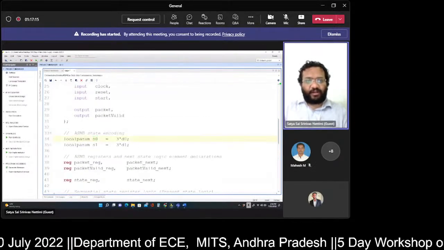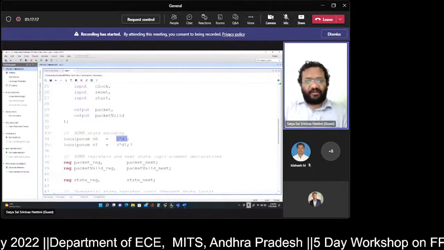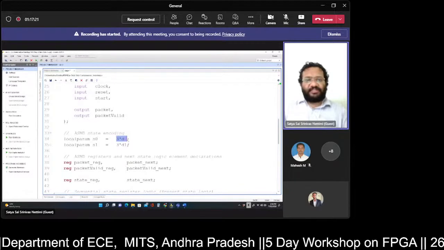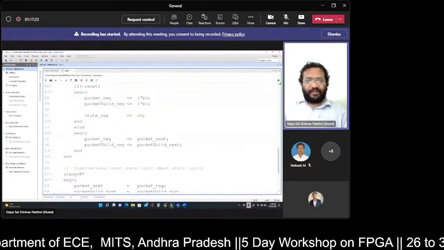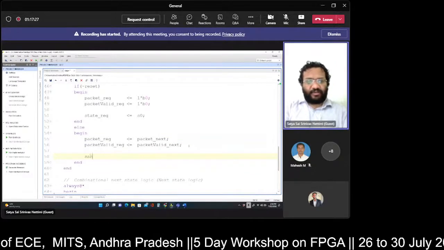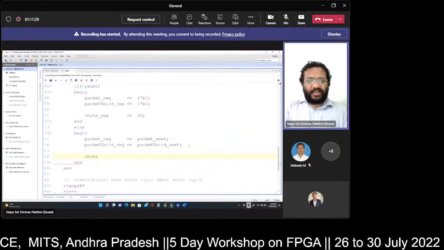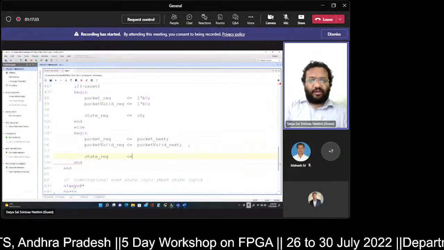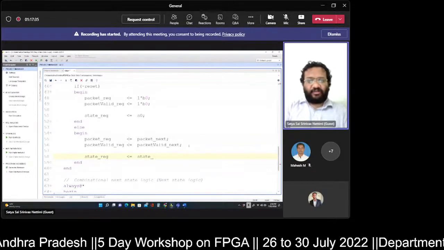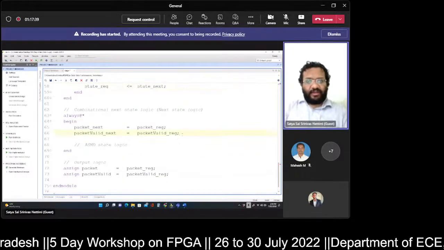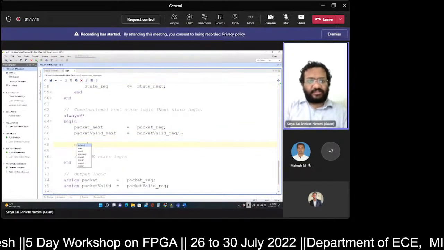S0 means the local parameter, it is by default 0 state represented with 3 binary bits 0, 0, 0. And next, when reset is not active, the register always follows the next state in the ideal case.